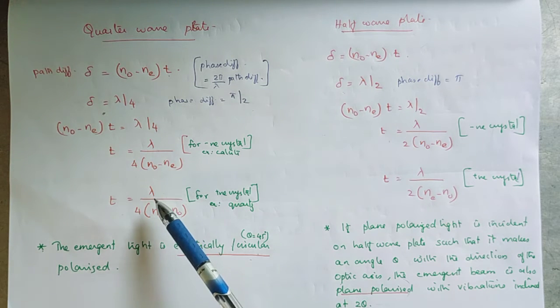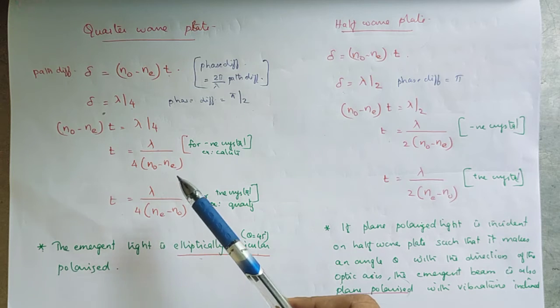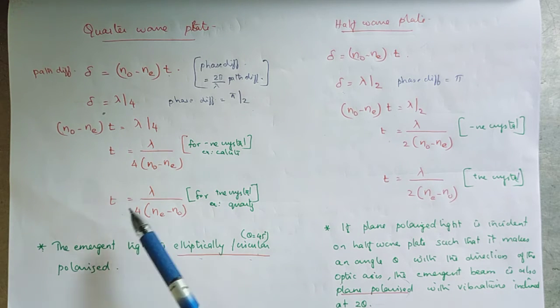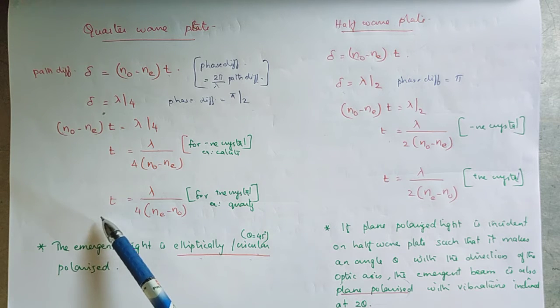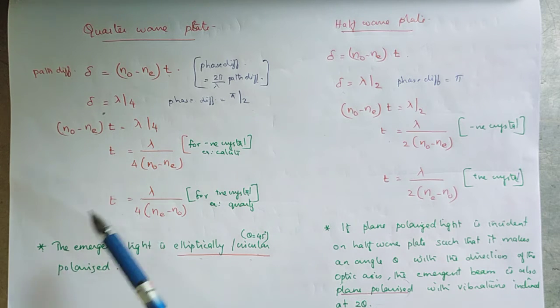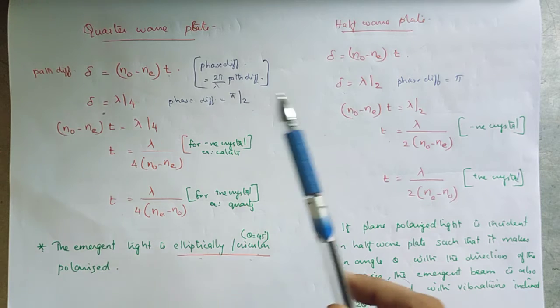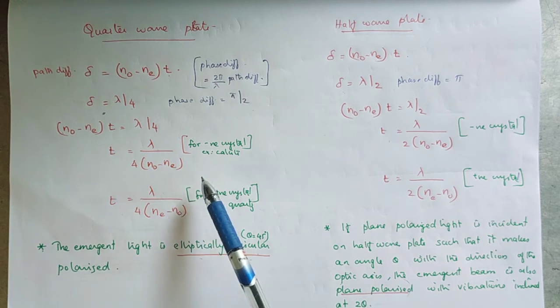If we take the 532 nm wavelength, we cut the plate based upon only that particular wavelength. Now if we change the wavelength from 532 to 630, what happens?